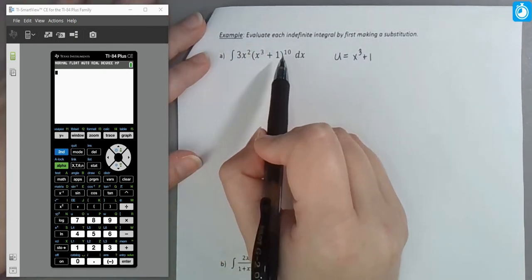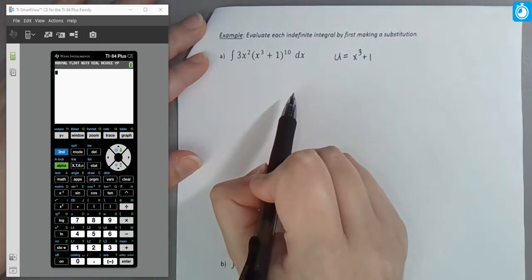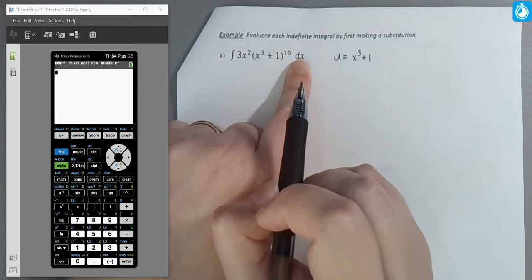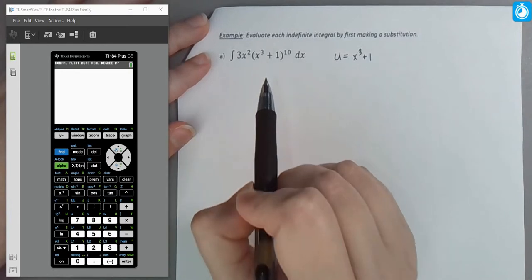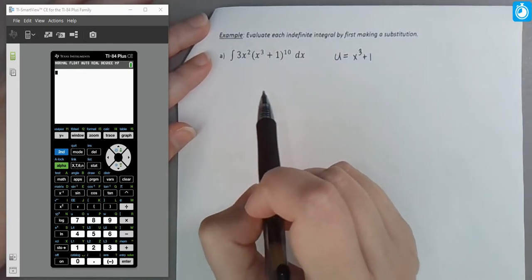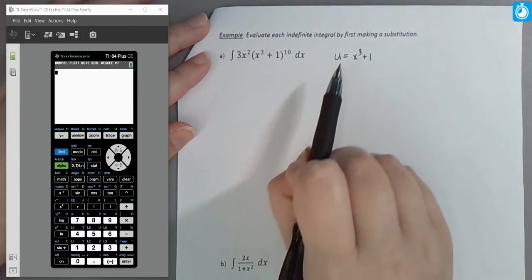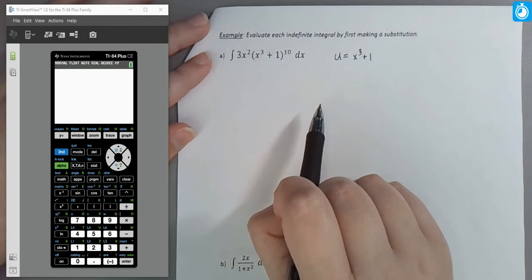Now, before we can proceed at that point with integration, we have to change the variable. So dx tells us we're differentiating, or excuse me, anti-differentiating with respect to x. But when we put u in the problem, we're anti-differentiating with respect to u. So here's where we use that strategy, taking the derivative of both sides, finding du, finding dx.